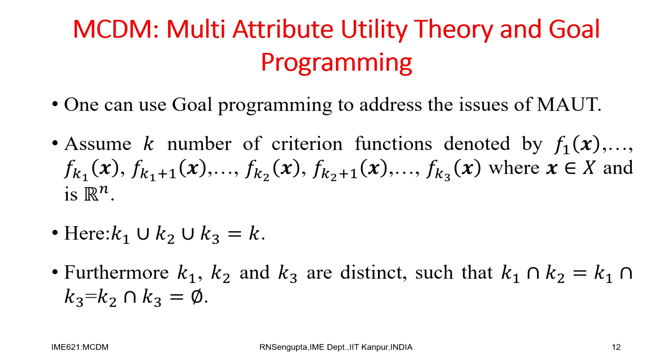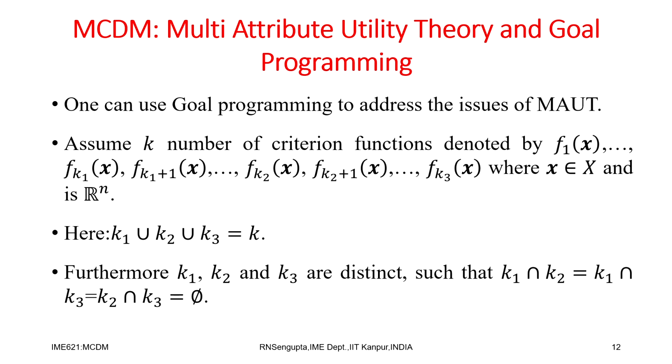One can also use goal programming to address the issue of MAUT. If you remember, in goal programming we had the objectives, and the constraints were less than type, greater than type, equality.